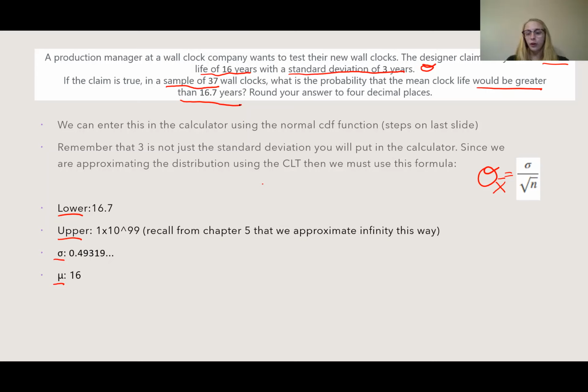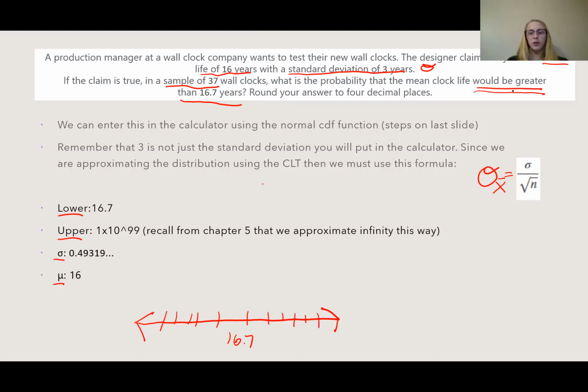Okay, so for lower, that's your lower bound. That is the bottom number that you can have. In this case, we want everything that would be greater than 16.7. If we think of a number line, we'll say 16.7 is here, and you have all these numbers below 16.7, and all these numbers greater than 16.7.